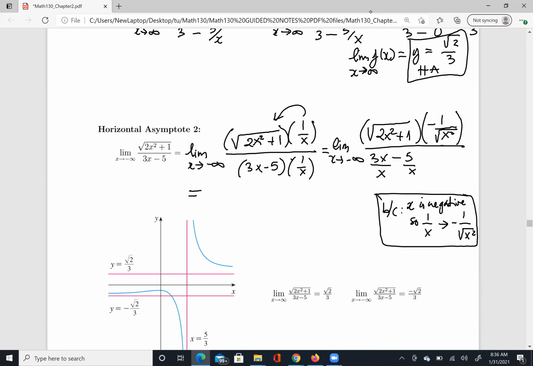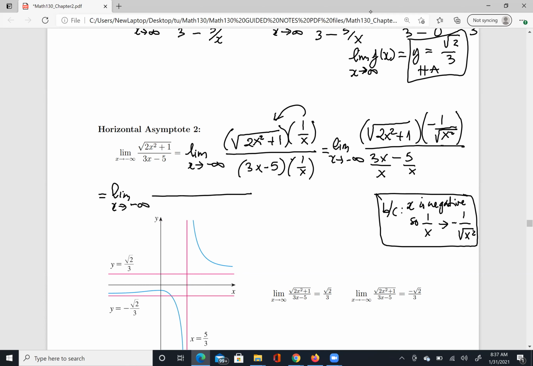Now I can actually skip some steps, but let me make it over here. Limit as x goes to negative infinity.